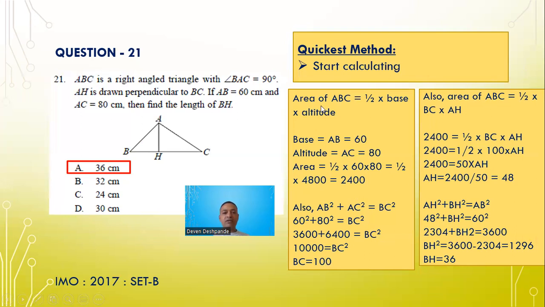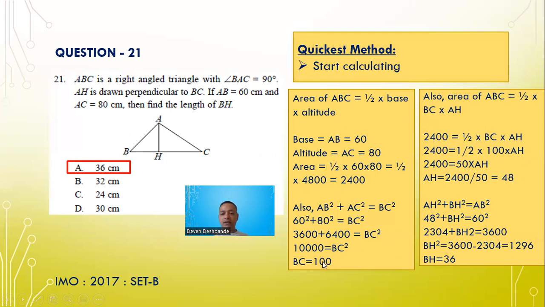Also area of ABC is half into BC into AH, half into base into altitude. Isn't it? So what is area? Area we have calculated earlier is 2400. So 2400 is equal to half into base. Base is BC into altitude is AH. What is BC?